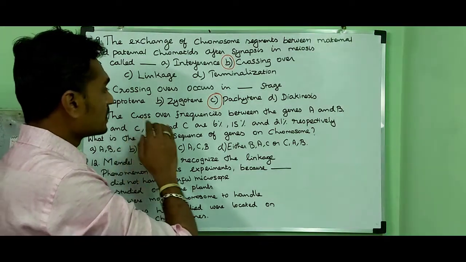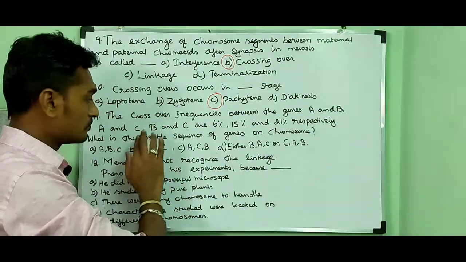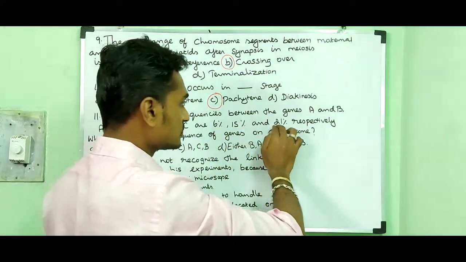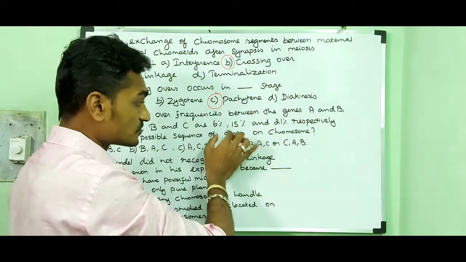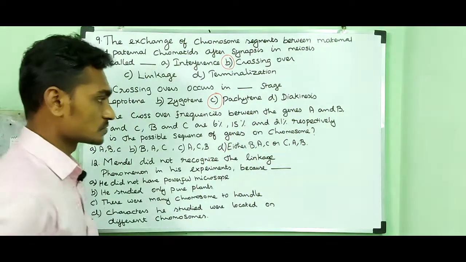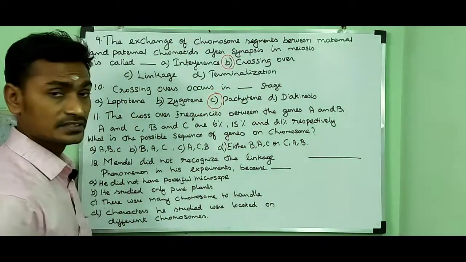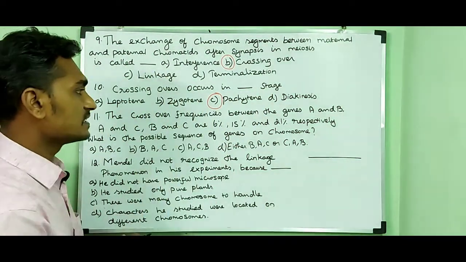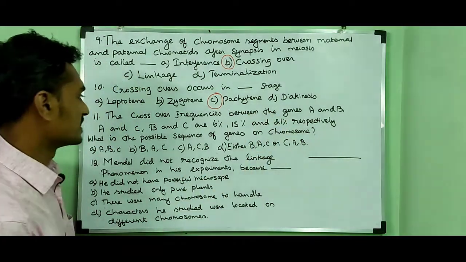The crossing over frequencies between the genes A and B, A and C, B and C are 6%, 15% and 21% respectively. What is the possible sequence of genes on the chromosome? So this is a chromosome. The recombination frequency between B and C is more, 21%.